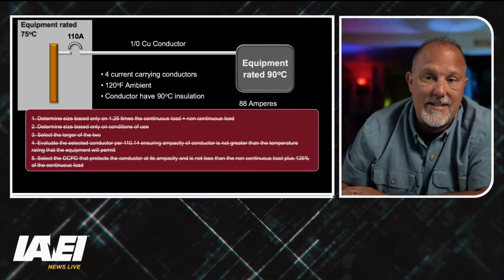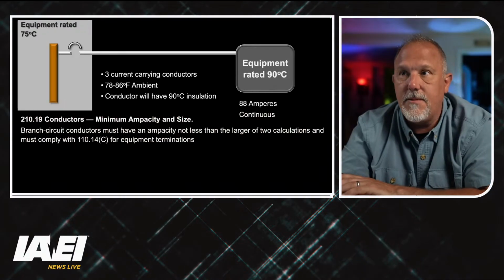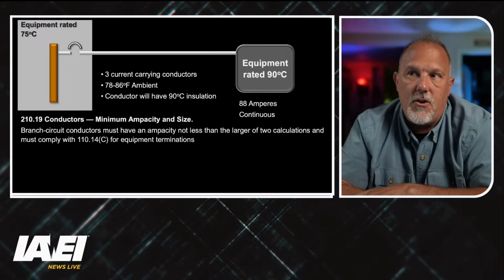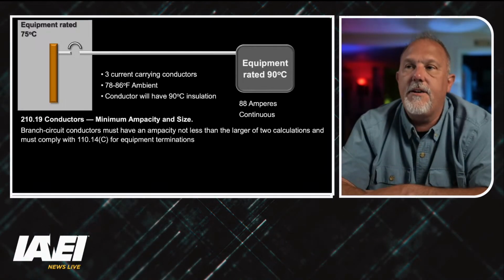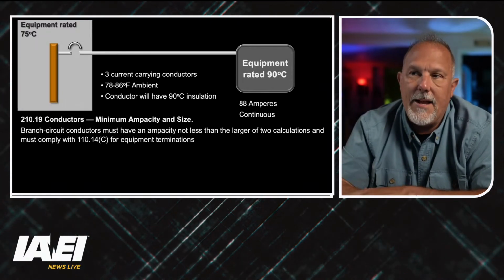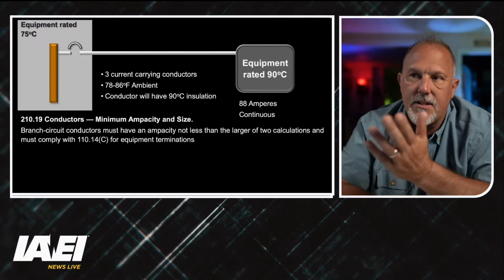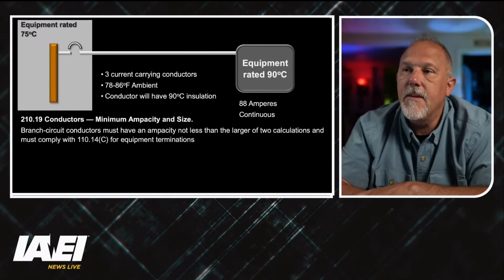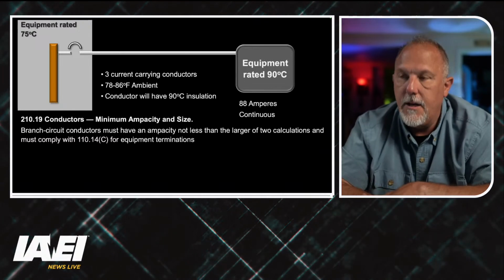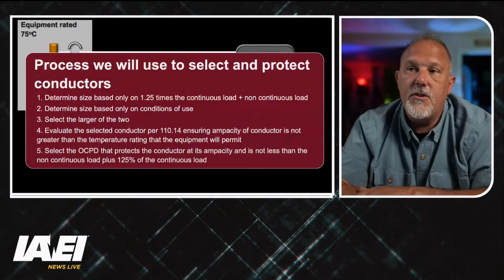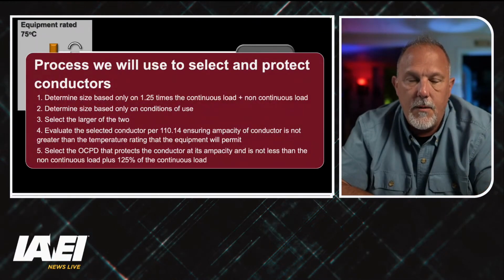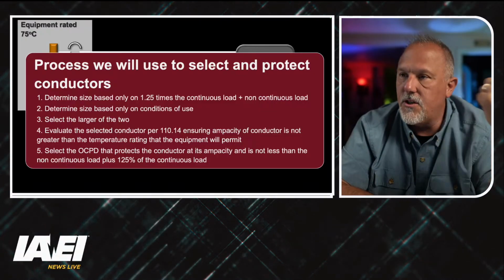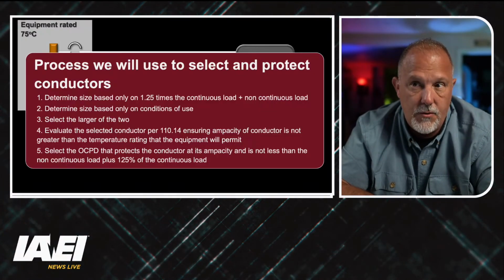So that's that circuit. Now let's change the conditions of use. What if I don't have that complicated? What if it's simple? 3 current carrying conductors, at an 86 degree Fahrenheit ambient, so 78 to 86. That's going to be a 1 multiplier, 100%, based upon the ambient temperature. I'm going to go through the same process. I'm going to do both calculations: one based only on 125% of the continuous plus non-continuous, and one determining the size based only on the conditions of use.